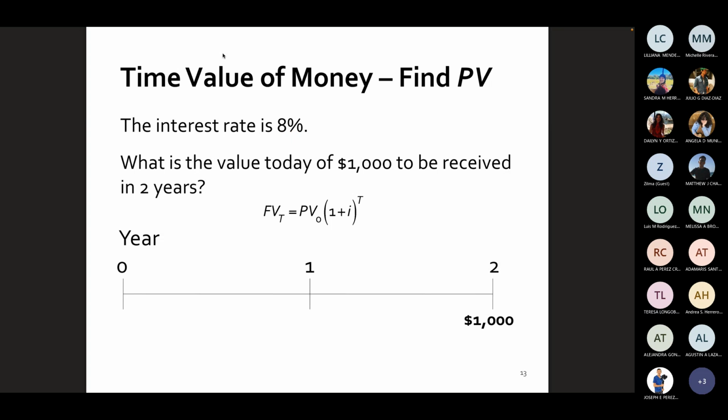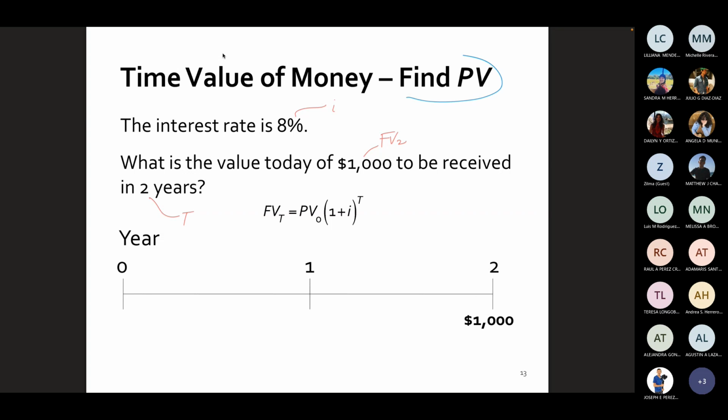So that's true. And what is this amount here? The future value. Yes, so that's the future value. So that's going to be FV_2. Okay, and then 2 is t. So what's missing?